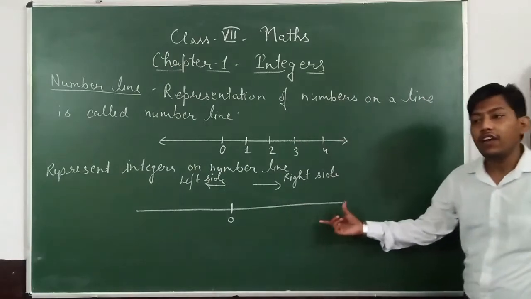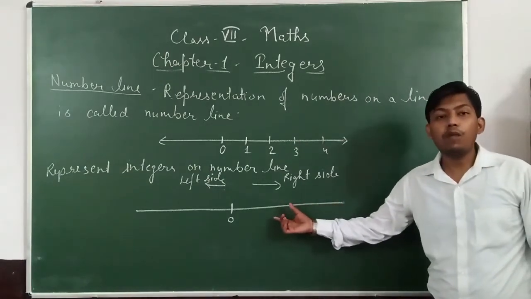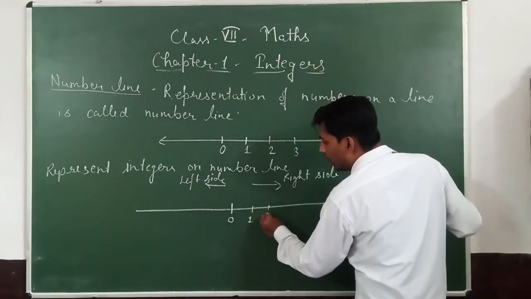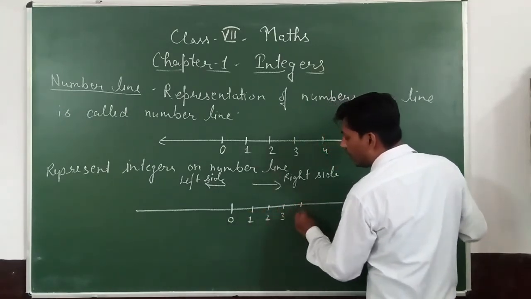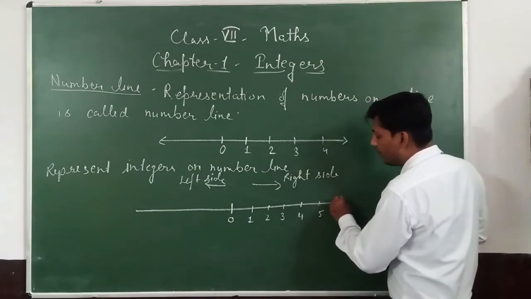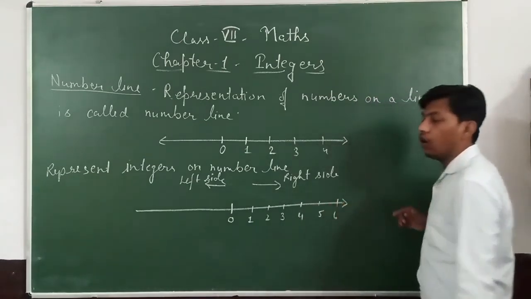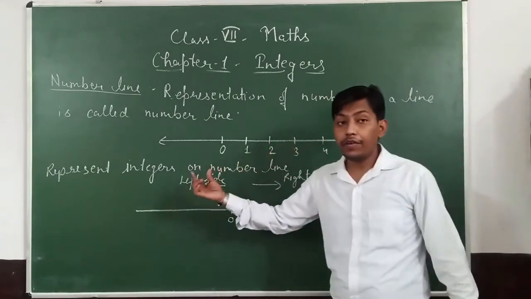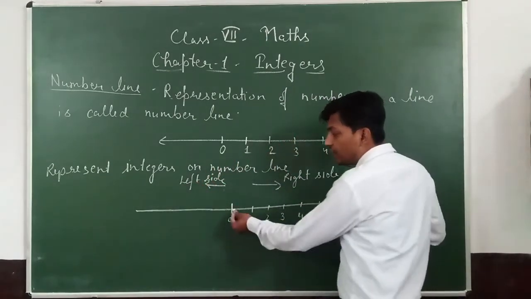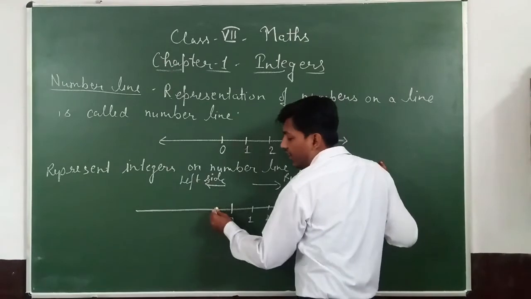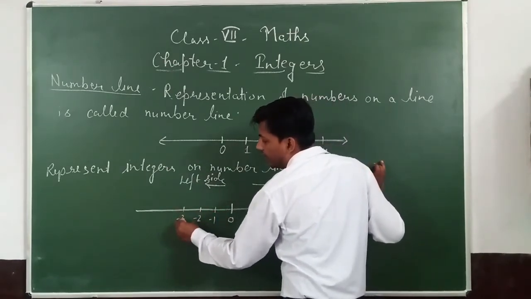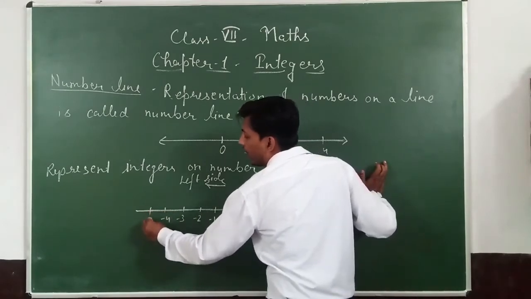On the right side we represent all positive integers: +1, +2, 3, 4, 5, 6 and so on. On the left side we represent negative integers, starting from 0 and moving left: -1, -2, -3, -4, -5.